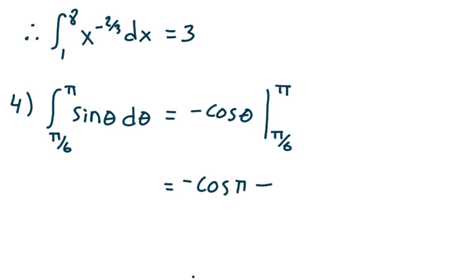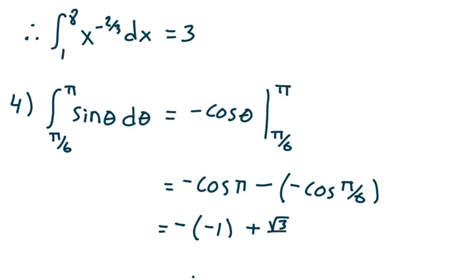Then I go minus, and then I'm going to replace theta with pi over 6 to get negative cosine of pi over 6. So this is negative of negative 1, and then when you subtract a negative, you add. And then cosine of pi over 6 is square root of 3 over 2.